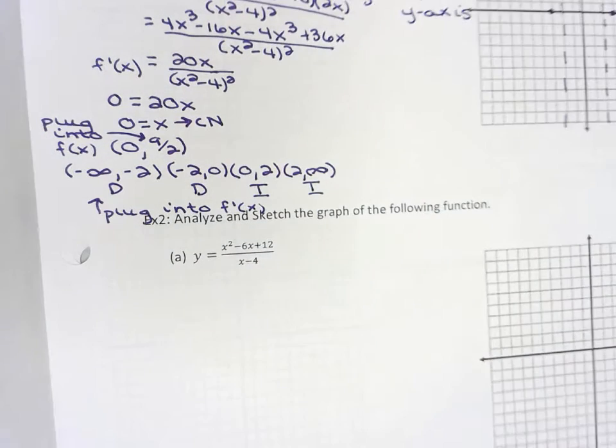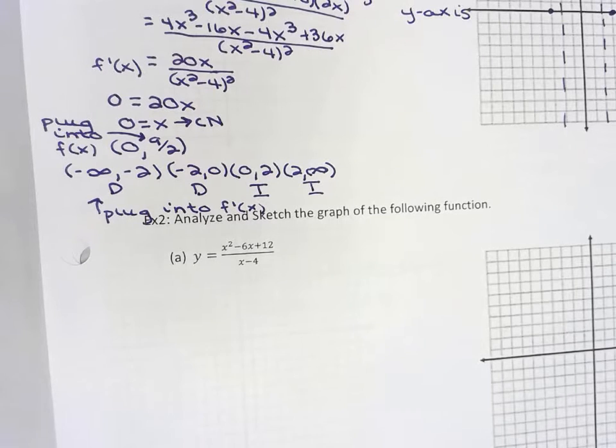Usually, not always necessarily, I'm going to switch at a critical point. If it's a weird graph, we might not necessarily switch at my critical number. Usually you will. So now I know where it's increasing and decreasing. Okay. So now let's go ahead. It's hard to graph that. You can't really graph increasing, decreasing without concavity. So you kind of have to wait to graph until you have the increasing, decreasing, and concavity, and then you can kind of draw your curves.